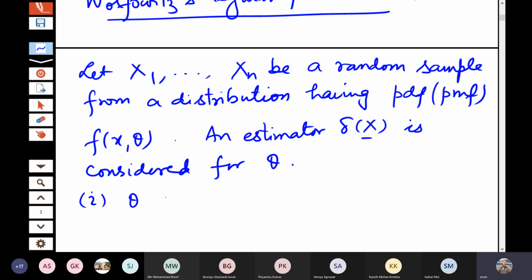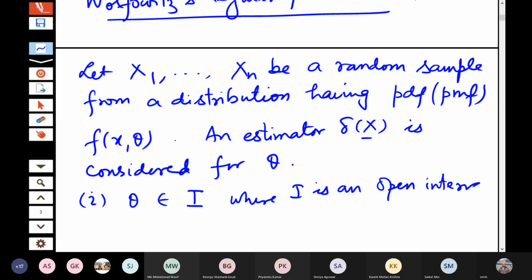Theta belongs to some set I, where I is an open interval on the real line. I have been using the parameter space as script theta, but here I am just writing theta to denote an interval, though obviously we can use that notation also.